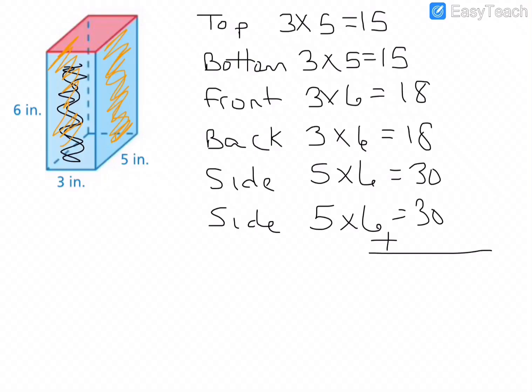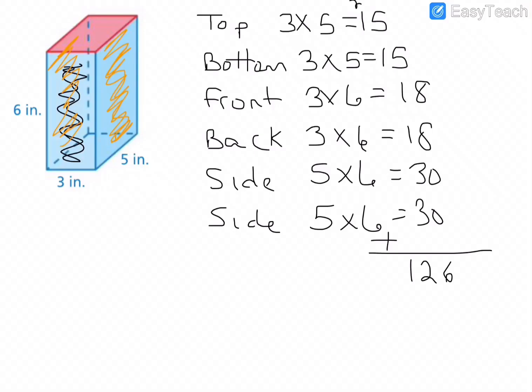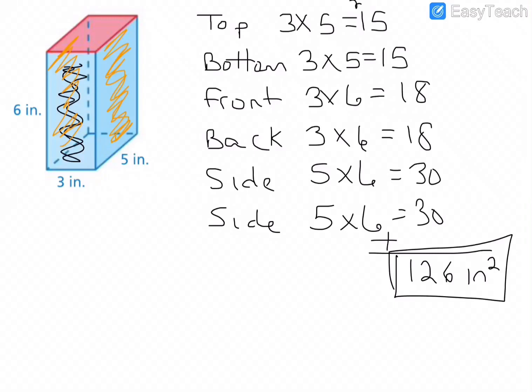They're not lined up easily, but I'm just going to do 8 plus 8 is 16, and 16 plus 10 is 26. 2, 3, 4, 5, 6, 7, 8, 9, 10, 11, 12. 126, and because we are doing surface area, it's going to be inches squared. Okay, 126 inches squared. So just make sure you have enough areas for the amount of faces that the shape has.